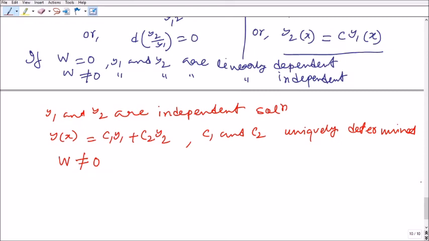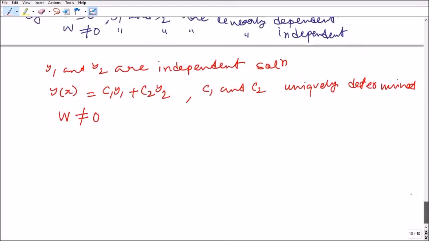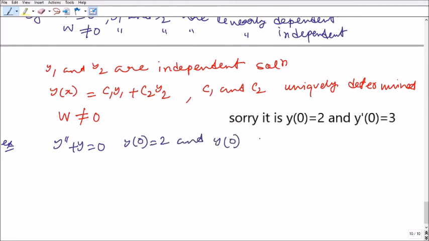Now let us discuss an example. Suppose y double dash plus y equal to 0 subjected to the initial conditions y of 0 equal to 2 and y dash of 0 equal to 3.